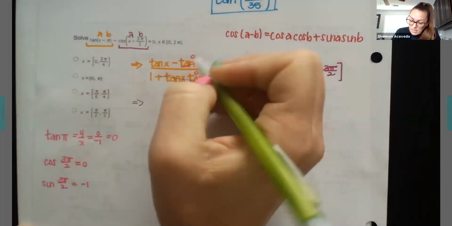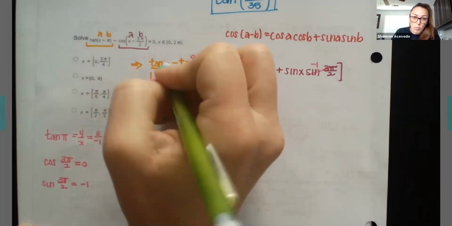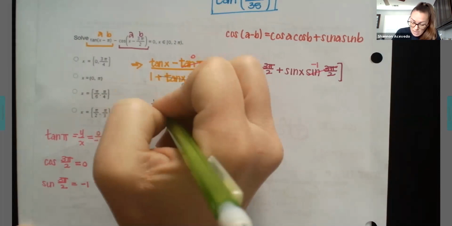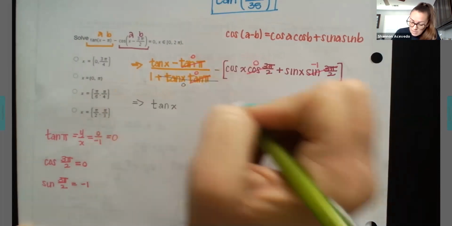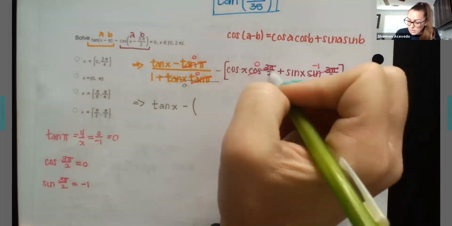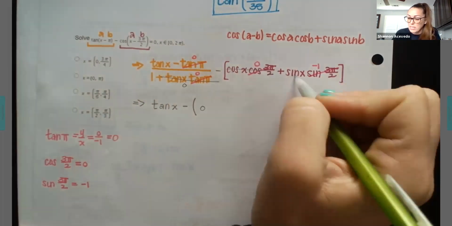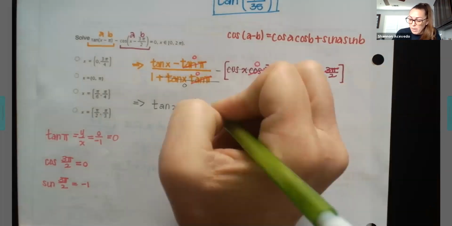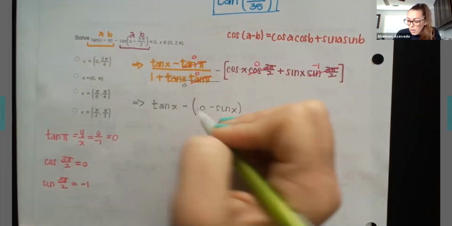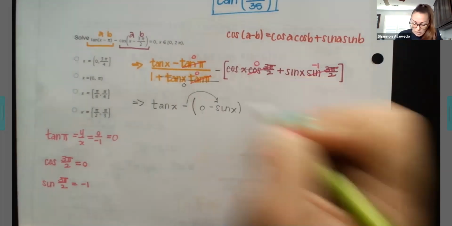So this is going to be tangent of x all over 1, which is just tangent of x minus, this whole thing is just going to 0 out, so that's a 0. This is going to be sine of x times a -1, so minus sine of x. Of course, I didn't need to put that there, but also remember that this needs to be multiplied through.